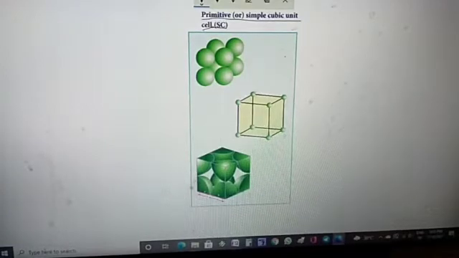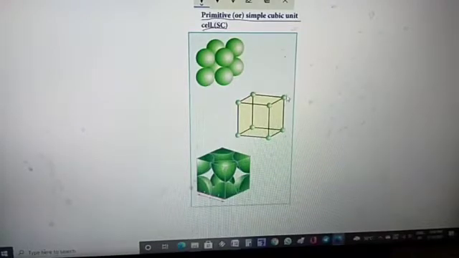So now they gave you 3 types of representations. You can clearly observe. This is called the open structure. What is this open structure? Open structure represents the centers of the particles which occupy the positions, but not their actual size.